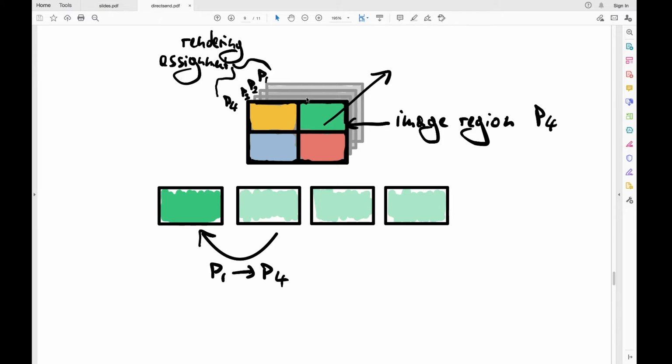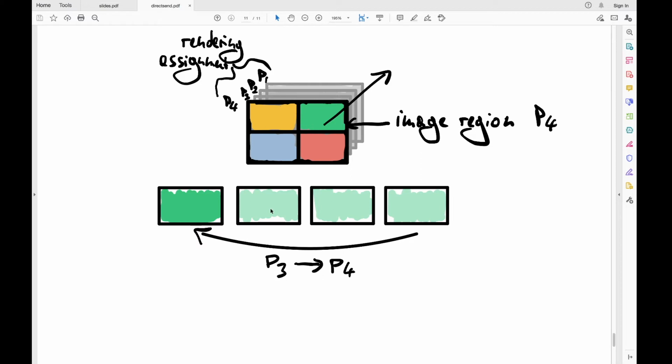And now we're only talking about this upper right quadrant of the image. Again, each processor will only send its upper right quadrant of the image to processor P4. And we will do this for all the other quadrants of the image too.